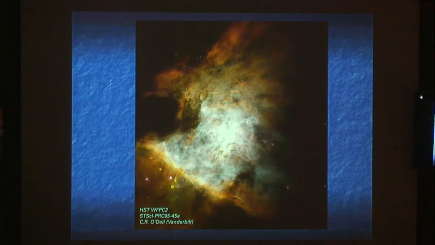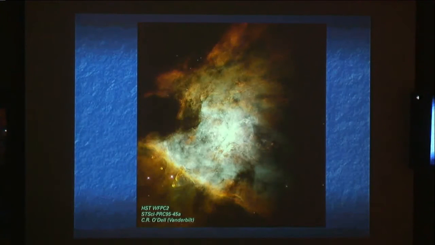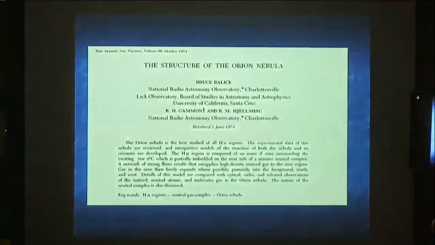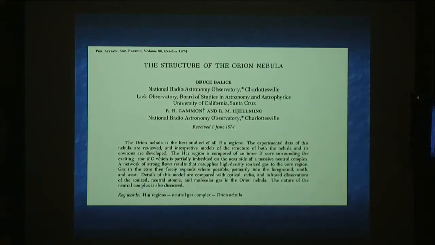is where the story lies of what the object is really like: the center of a cluster of some thousands of stars, including hot stars, but not as hot as some of those that Will just showed us. And the correct model that we accept today was posited by Bruce Balick in 1974.